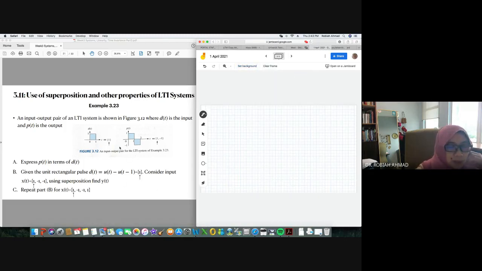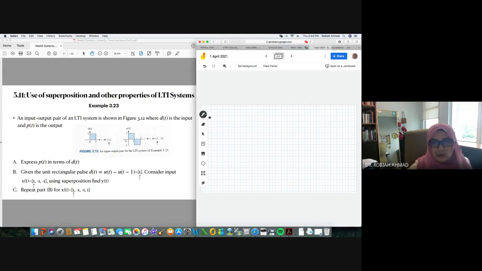Okay, so now soalan dia, express pt in terms of dt, and then given the input rectangular pulse dt equal to ut minus t minus 1, and it is represented as bracket 1 ni, yang ni.